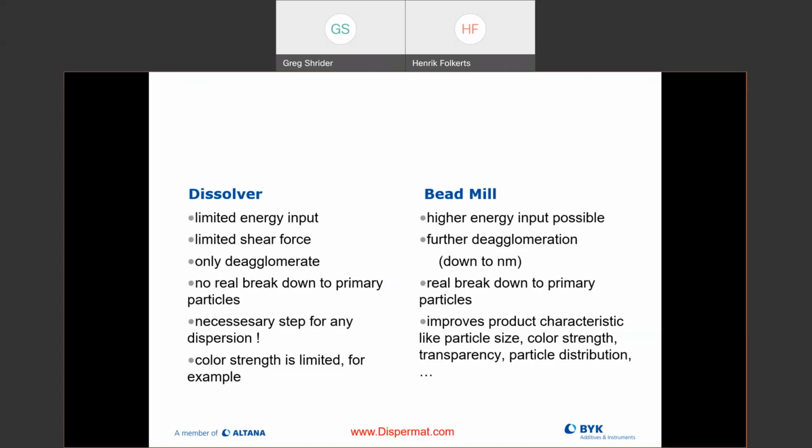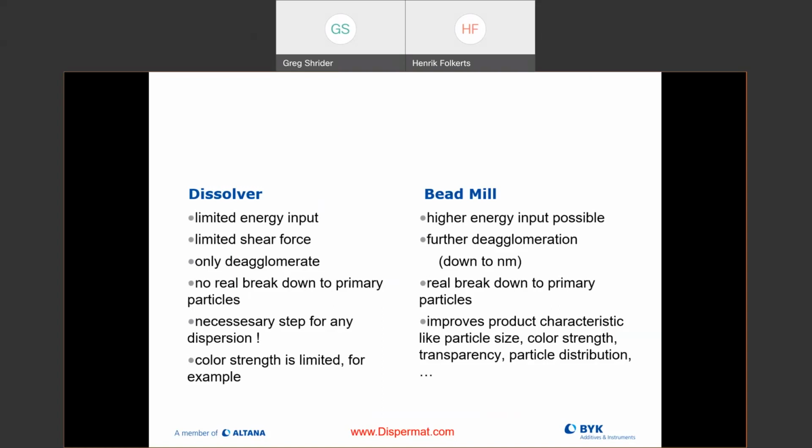And if we only use a dissolver, then we're going to have a lot of limitations to our mill base. Just for example, our color strength will not be the same as if I do a proper milling with my media. When I look at the bead mills now, which is my fine grinding, the second part, I have the ability to put in much more energy because of my beads. I'm now able to really break down to the primary particle size.